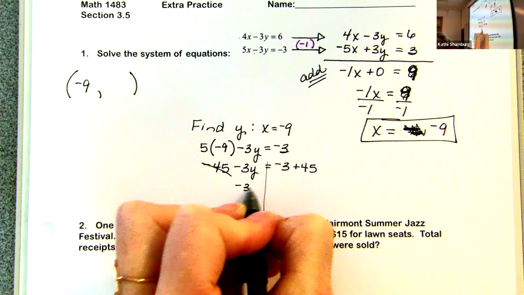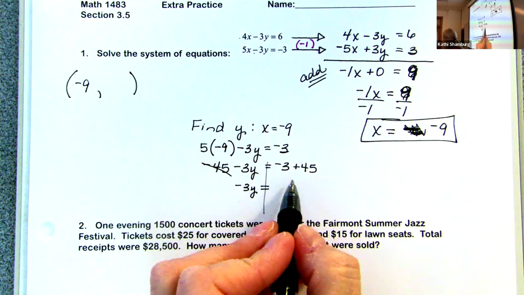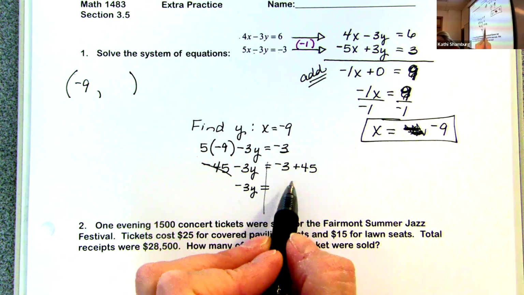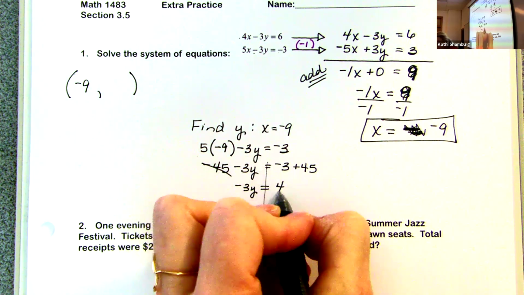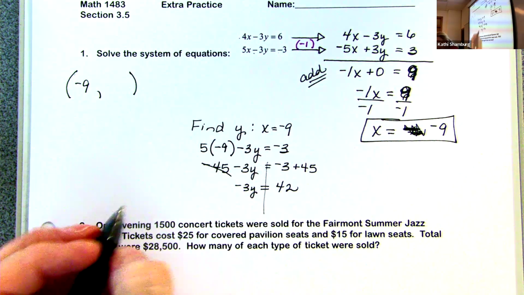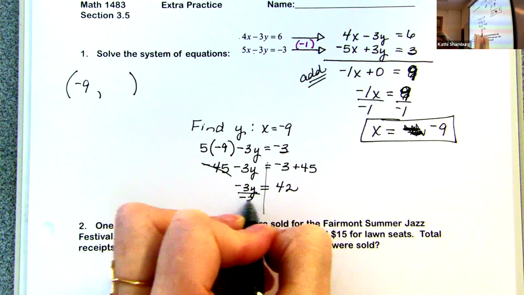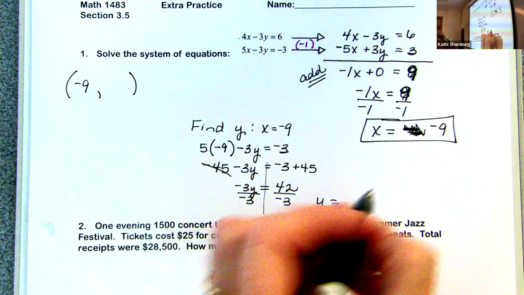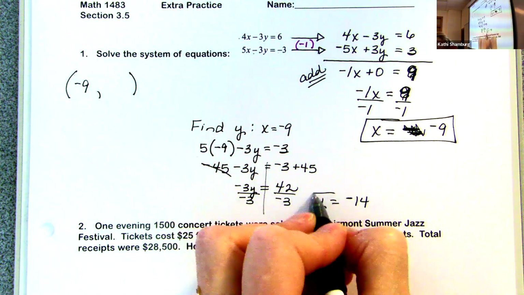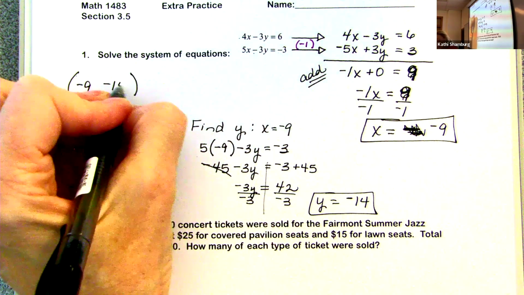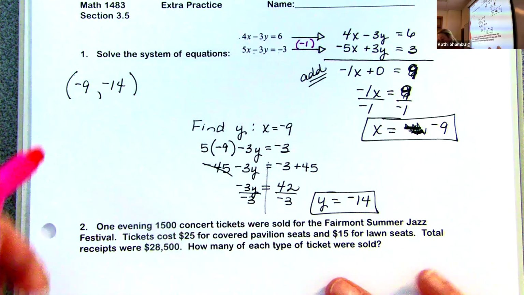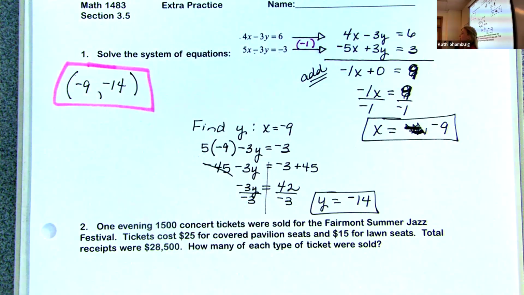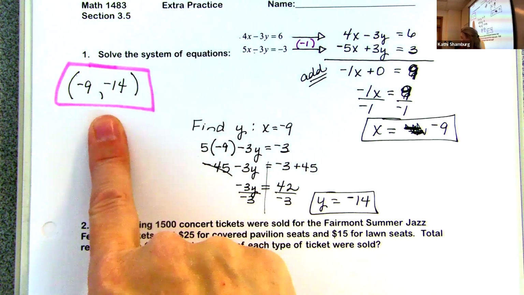So -3y equals, and again, use your calculator if you're not good with your positive and negative numbers, this would be 42. And we're going to divide by -3. So we get y equals negative something. So what that means is if I went to that Desmos that I showed you on Wednesday and I put these two equations in, they will intersect at this ordered pair.